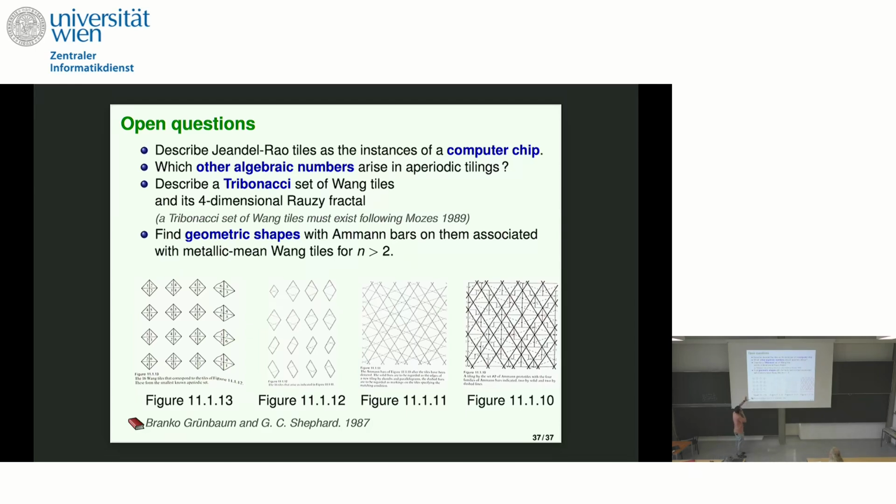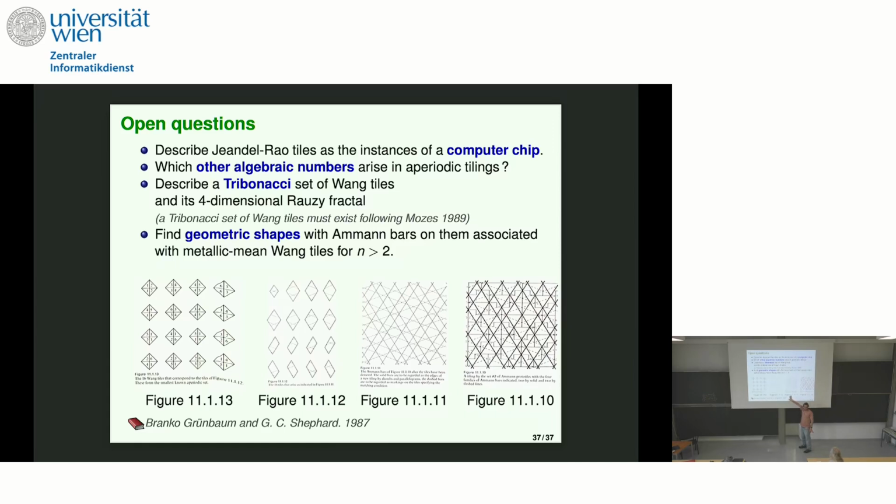And then the last question is, can we do it in reverse? If I give you metallic mean Wang tiles, are you able to find the shape? Yes, stone inflation. Are you able to find the dashed line, the Hammond bar, in such a way that you recover L shapes? Are you able to find the L shapes from the tiles?